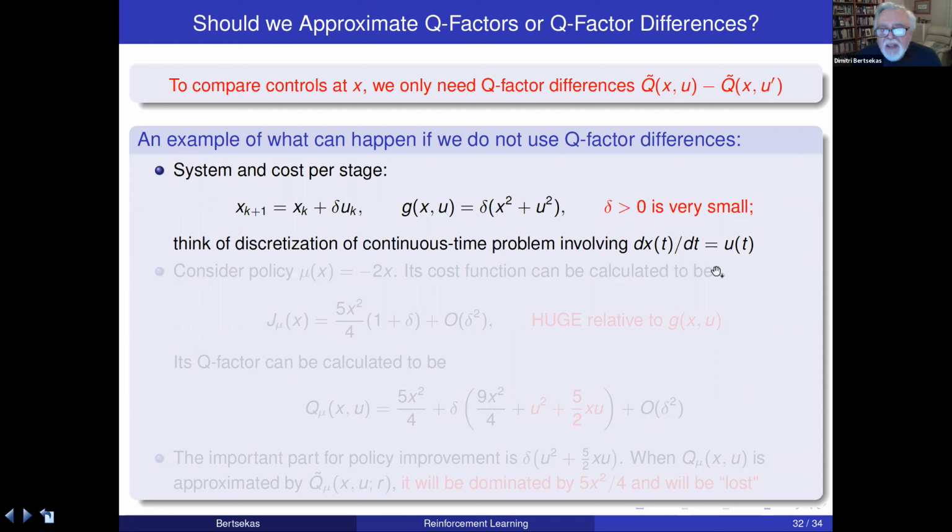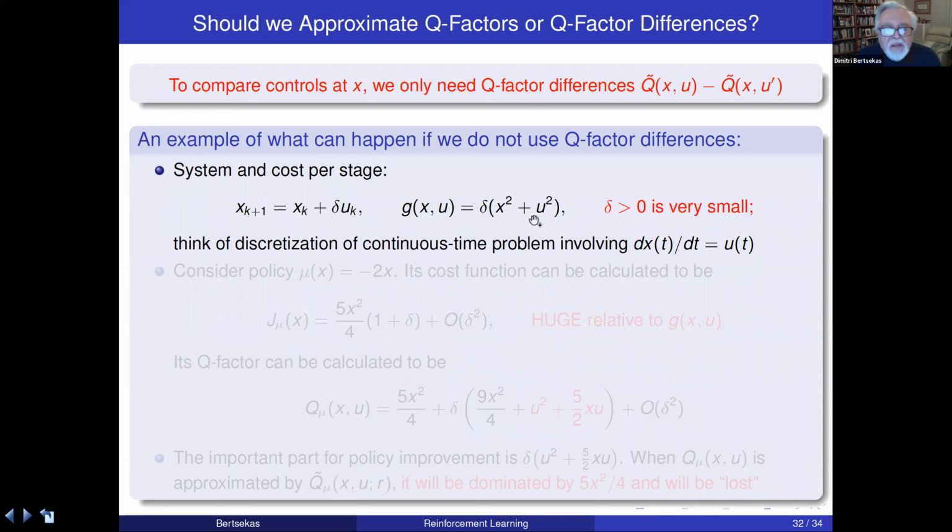Now, if you discretize a problem that's continuous time, and delta is the discretization parameter, then the cost of a stage is proportional to delta. Between time t and time t plus delta, the cost that you pay is very small, and it's proportional to delta.